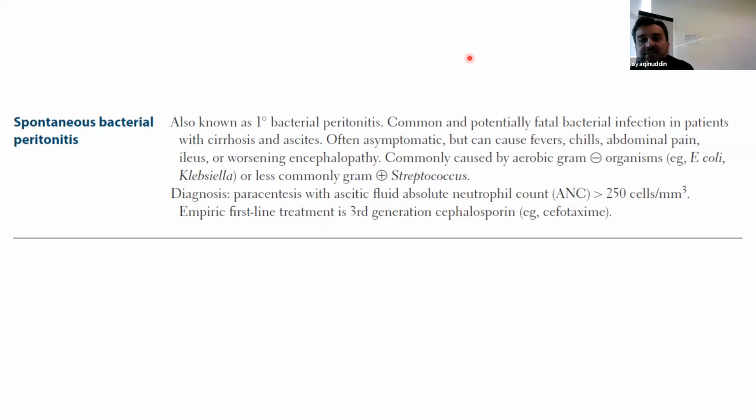Common organisms involved are E. coli and Klebsiella. Diagnosis is by taking a tap from the ascitic fluid and looking at the absolute neutrophil count. If the absolute neutrophil count is more than 250 cells, this is spontaneous bacterial peritonitis. The treatment option is third generation cephalosporins.